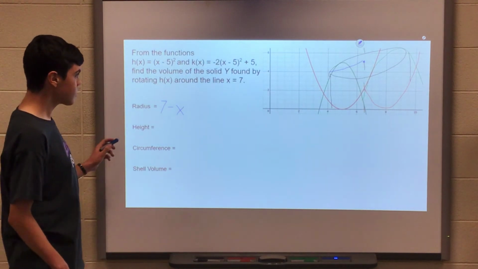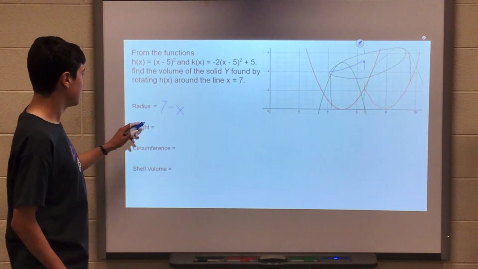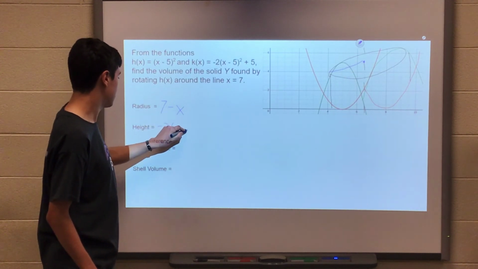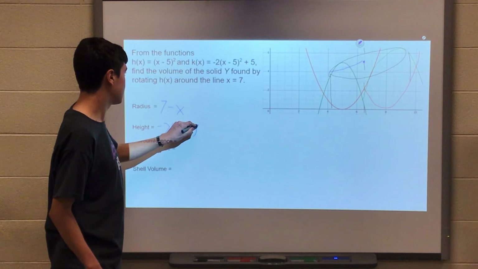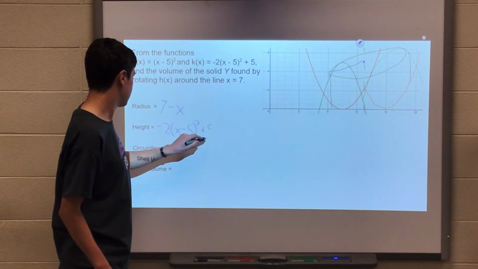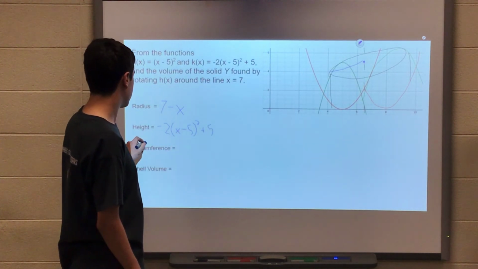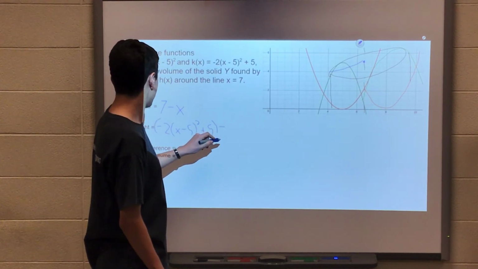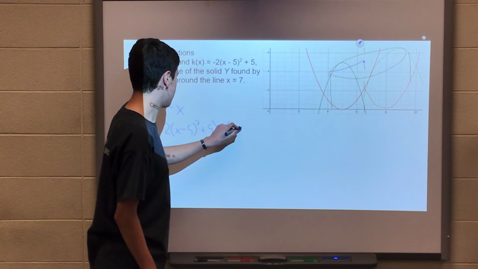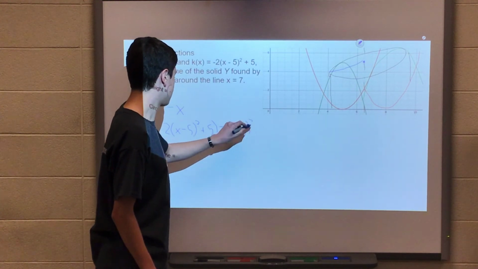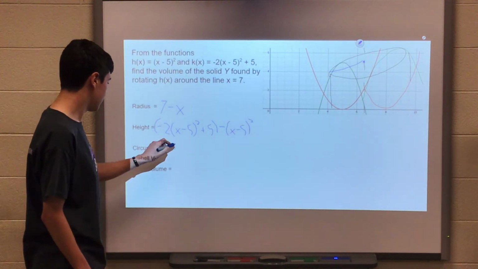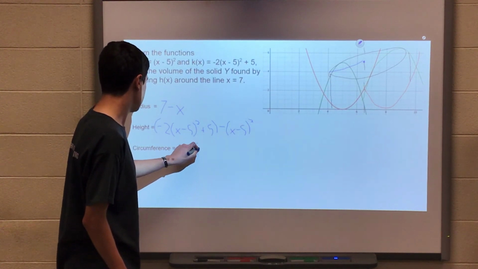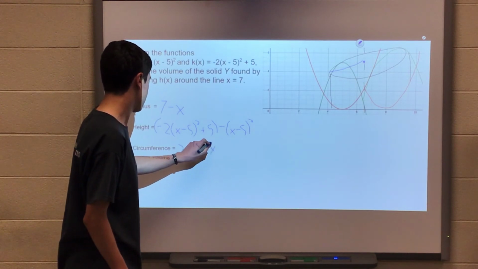So the bigger function is -2 times (x minus 5) squared plus 5, minus (x minus 5) squared. And then your circumference is 2 pi times your radius, which is 7 minus x.